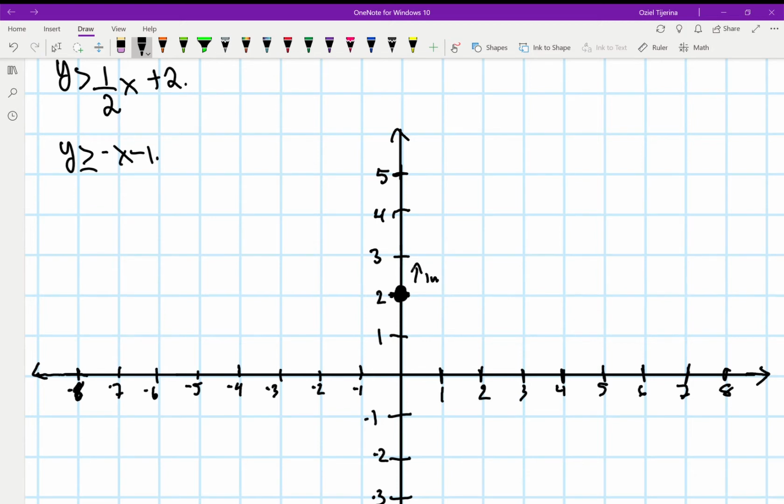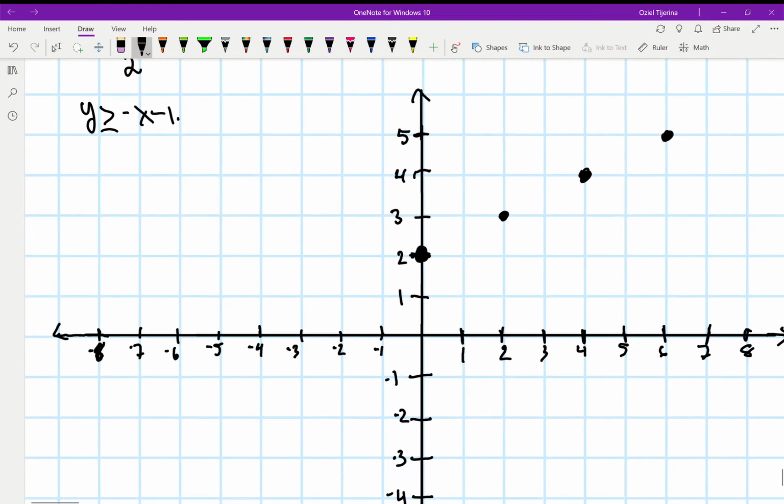And we're just going to keep doing that for this one. So it goes up 1, right 2, up 1, right 2.